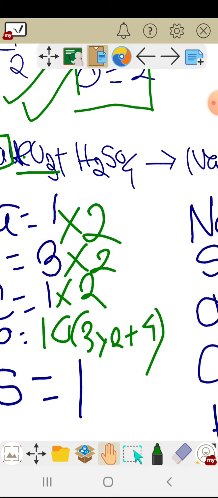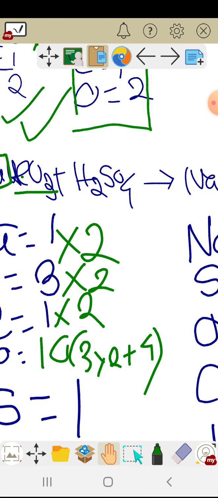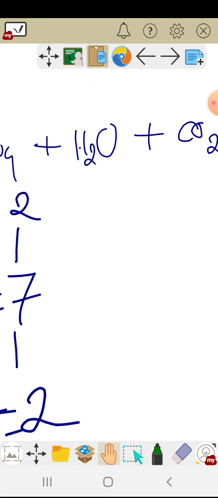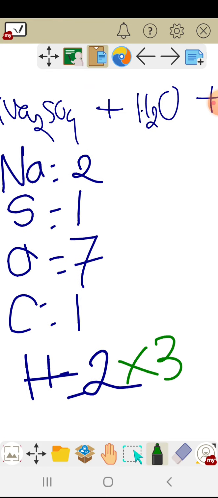So everything is changed. The sodium has become balanced, but hydrogen has become 6. It is 2. What to do here? We will be adding another 3 with hydrogen to make it 6. So where is hydrogen? Here. So 3 is here. Oxygen is becoming again 3. Oxygen was 4, 7.